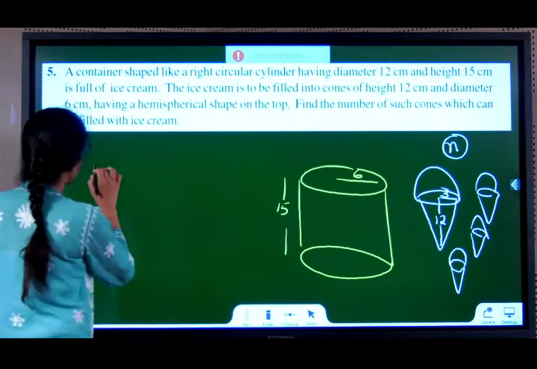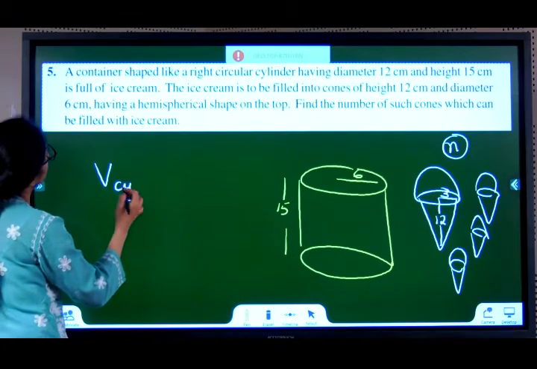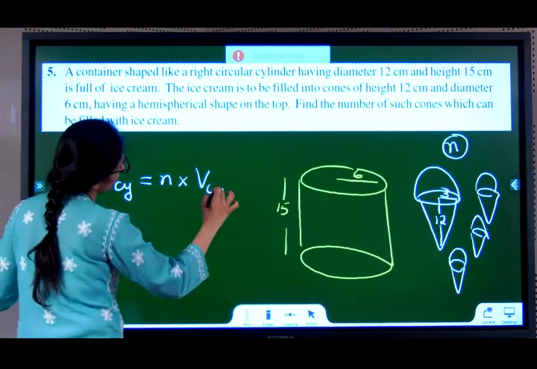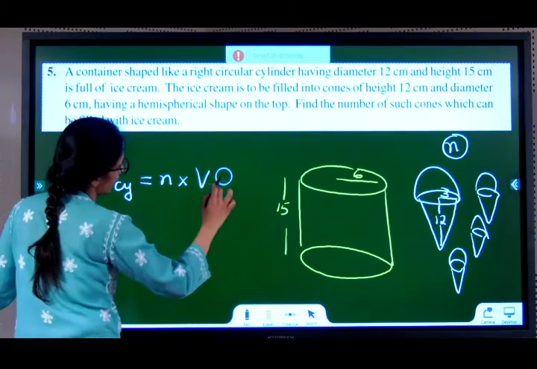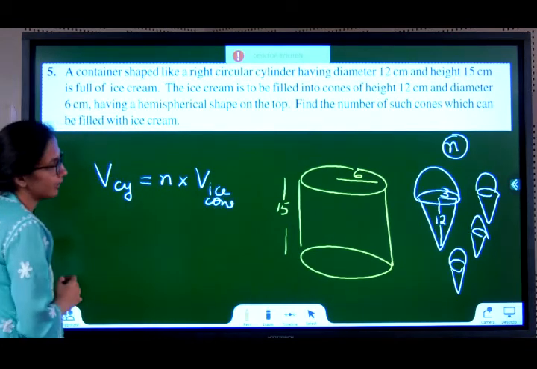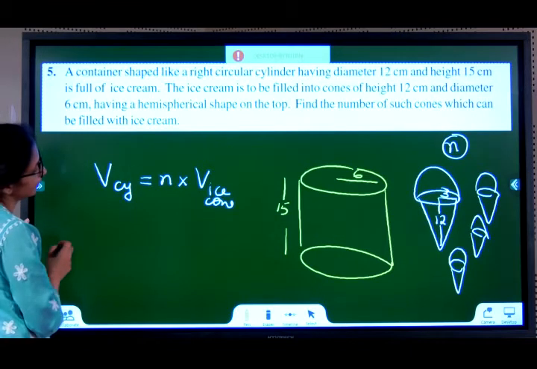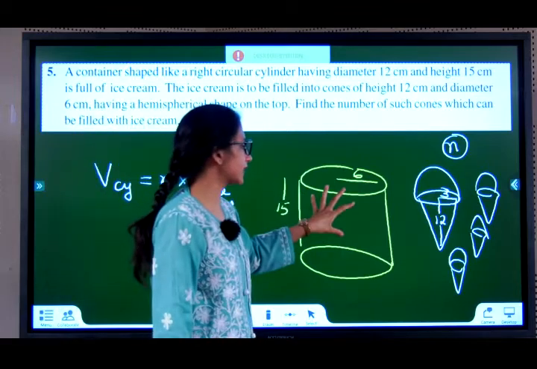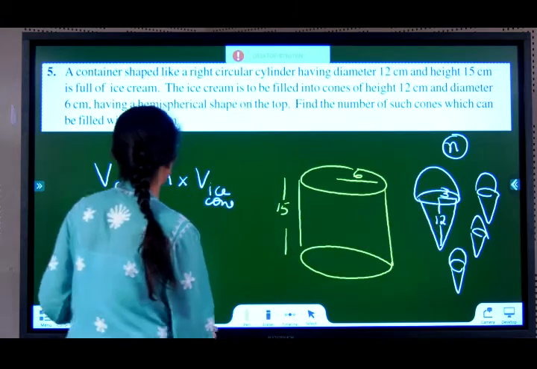So volume of the ice cream tub or cylinder is equal to n into volume of ice cream cone, not just cone, because there is a hemisphere on top. Agreed? Yeah. So volume of cylinder is equal to n into volume of ice cream, because all this ice cream itself is used to give ice cream to all these individual cones.